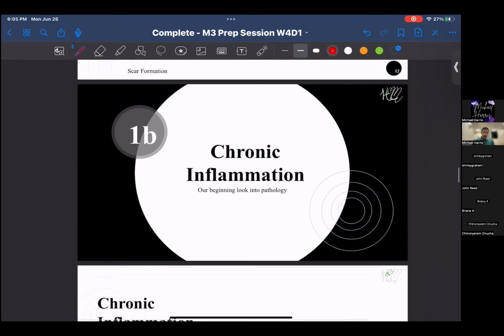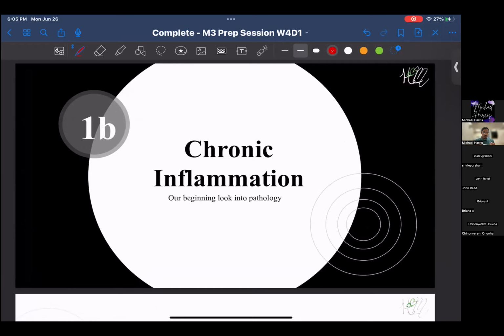So let's go ahead and keep going. Now that we've talked about acute inflammation, we've talked about how you undergo repair, and the processes of that, now let's talk about what happens when your body cannot defeat whatever infection it is and essentially undergo repair, because you always have this infection present, or this ongoing inflammation that causes irritation and prevents healing and regeneration.